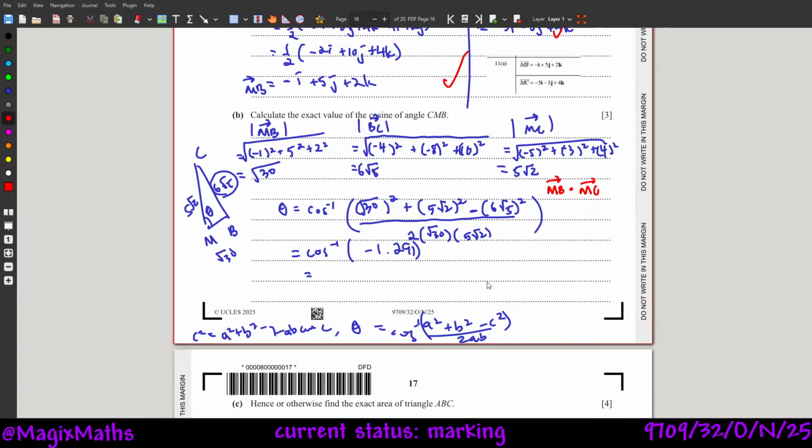Oh, it's the product of the i's, the j's, and the k's. So negative 1 times negative 5. Wait, let me put it here.